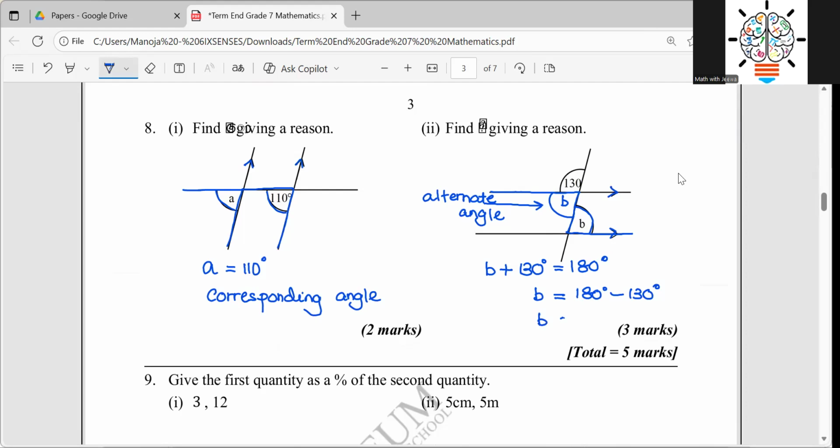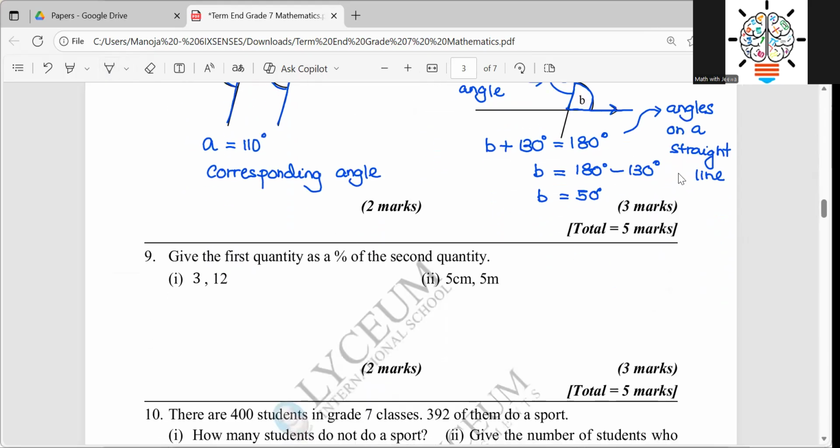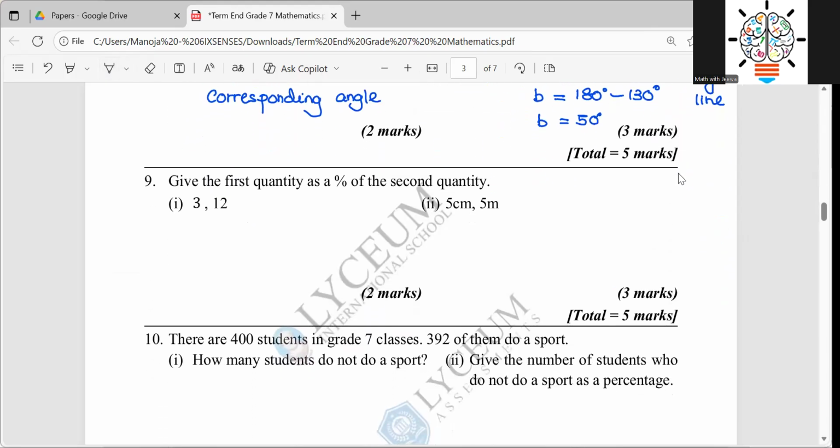So then the B is equal to 50 degrees, right? So what is the reason behind this? So then you can write angles on a straight line.